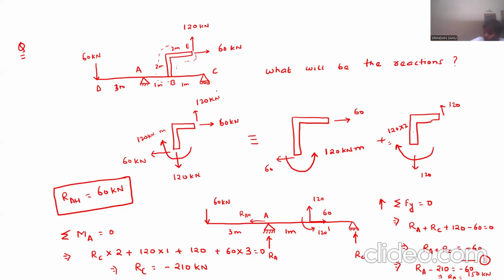And the value of that moment will be the force into their lever arm. And what will be the lever arm? It will be 2 meter. So 120 into 2 will be 240 kilonewton meter, and that will be the resistance in the form of moment acting at point B, such that the whole structure comes to equilibrium. Correct?